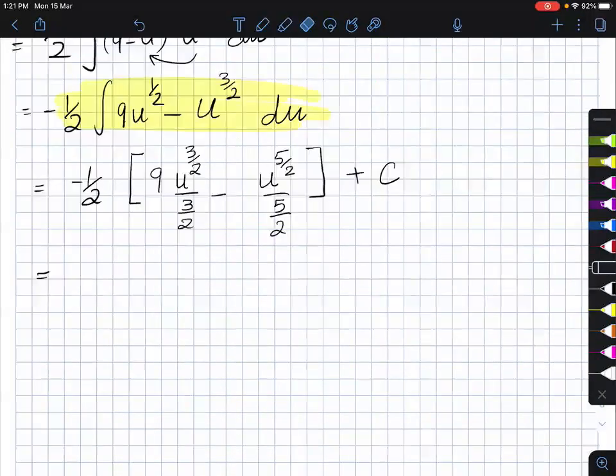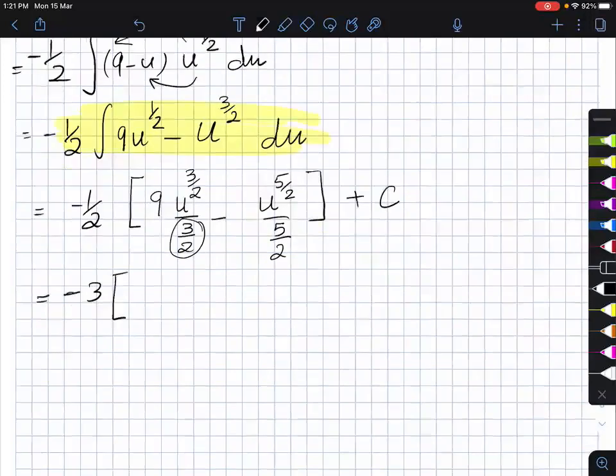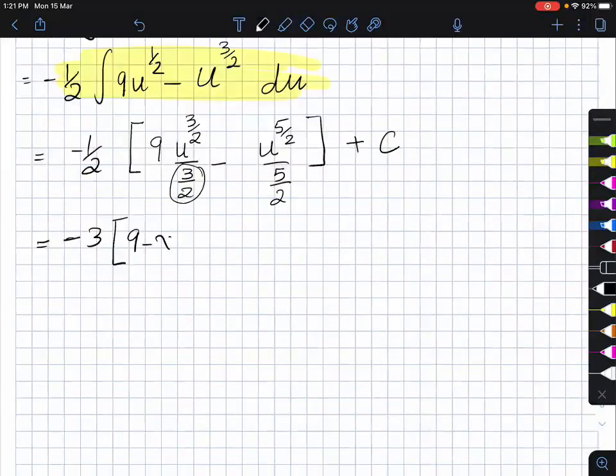Okay, we finished this. Multiply by the half, and multiply by 2 over 3 times 9, which is 18 over 3, which is 6. Times negative half gives negative 3. Return u back to its original value: 9 minus x squared to the power of 3 over 2.